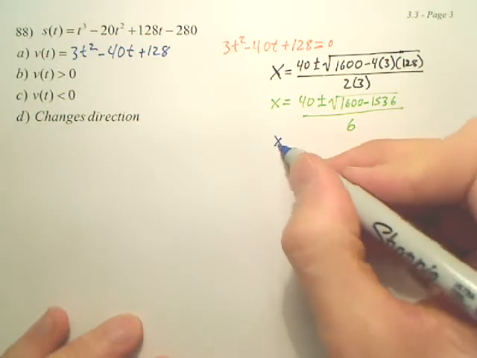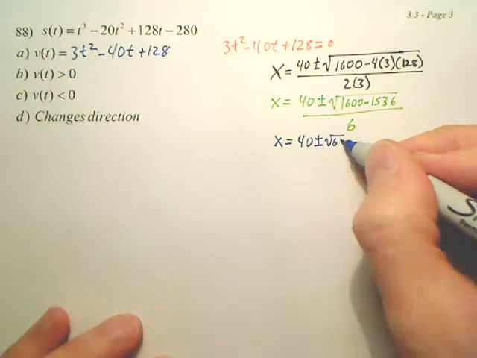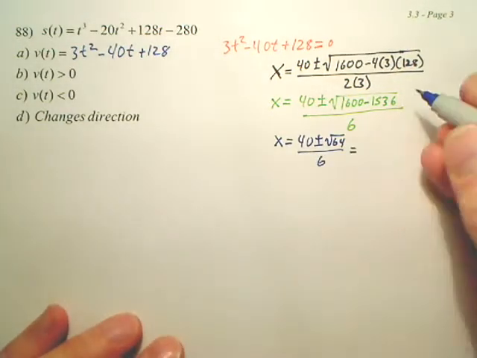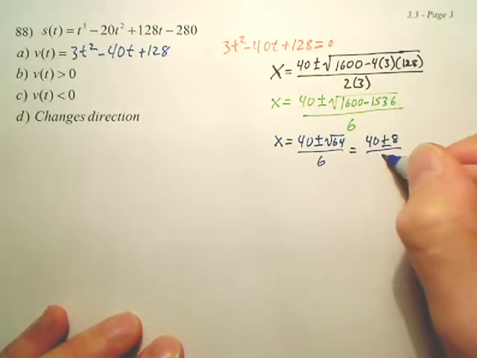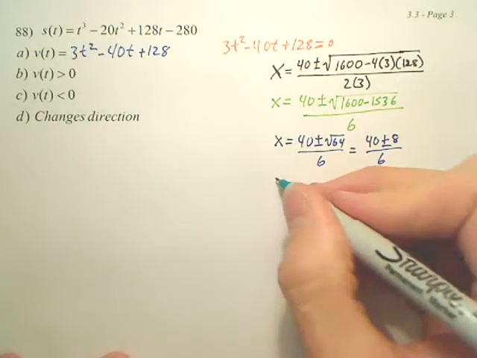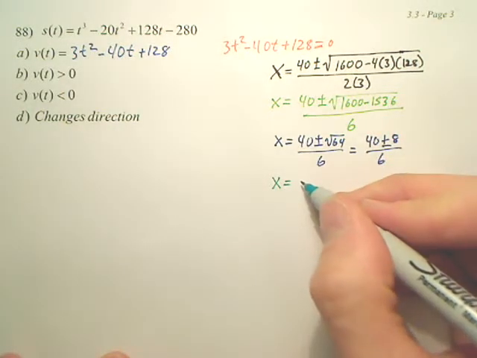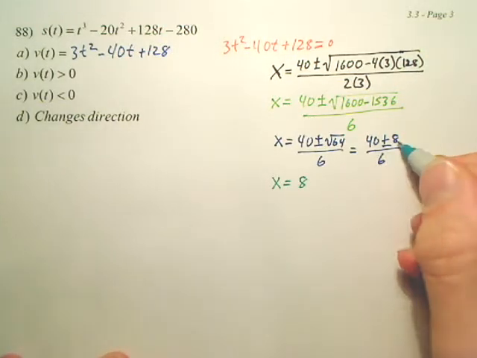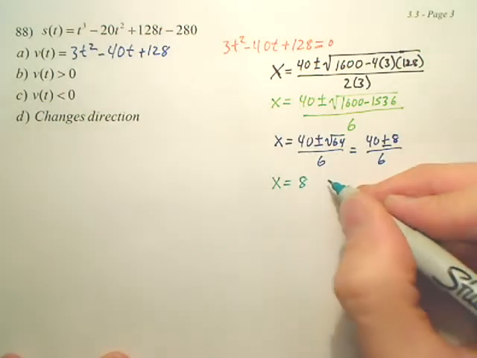But it looks like it's going to be 40 plus or minus the square root of 64 over 6, which is 40 plus or minus 8 over 6. Okay. Not as bad. Looks like it could be worse. So 48 divided by 6 is 8.